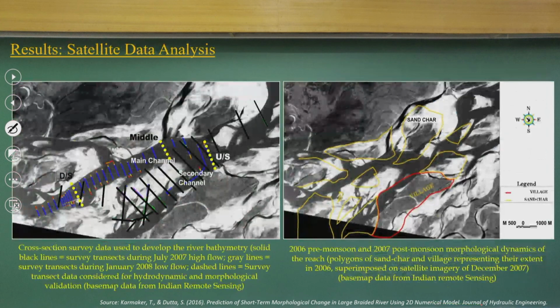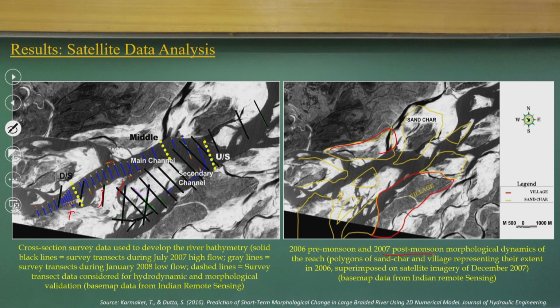Now, it is quite an interesting and challenging study we did. These are the survey transects, and at each transect we measured velocity and flow depth. This shows the bar positions in 2006 pre-monsoon and 2007 post-monsoon, within the year.